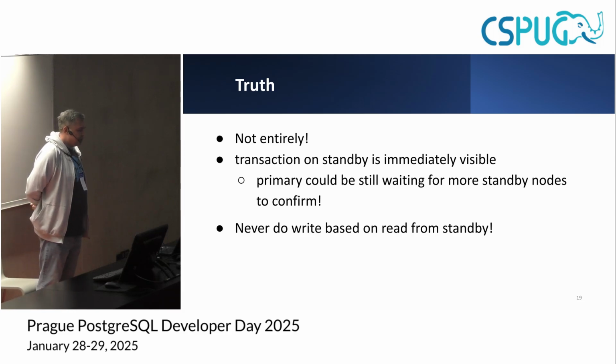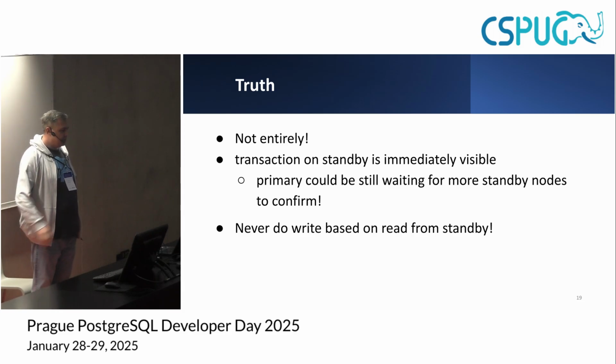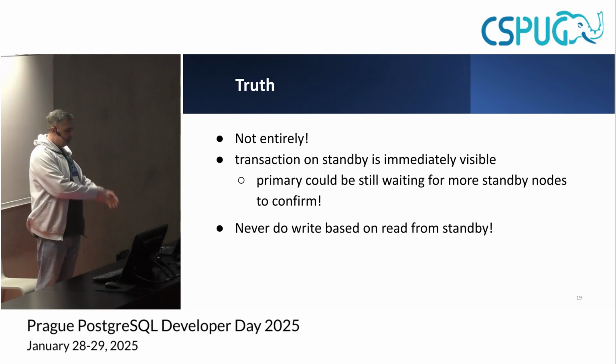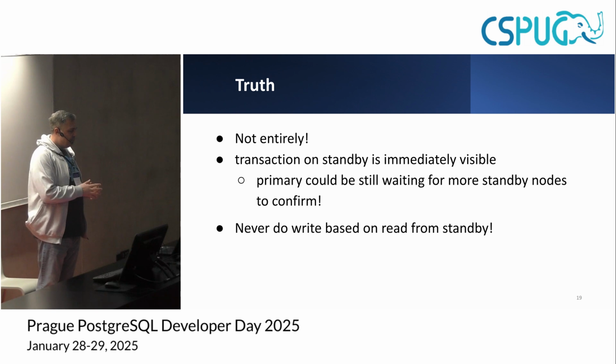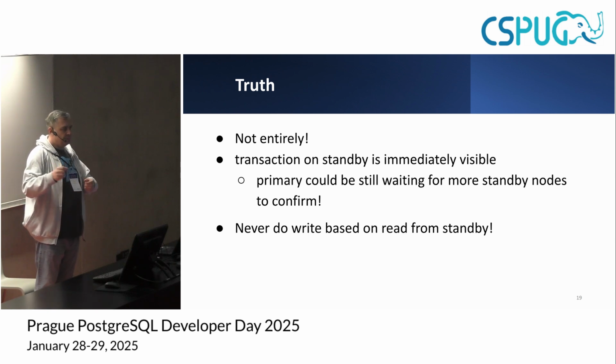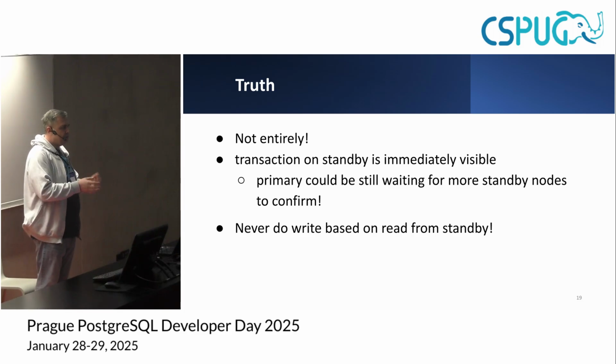The problem is that a transaction on any standby is immediately visible once it was applied there. Let's say you have a primary and the primary is waiting for two synchronous standby nodes to confirm commit. One of the standbys already received and applied this transaction, and if you query this standby, you will see this data.